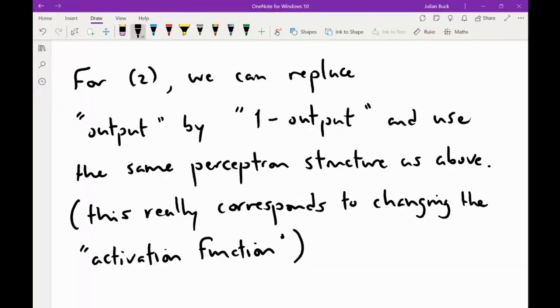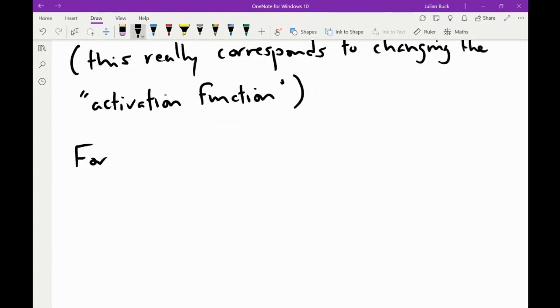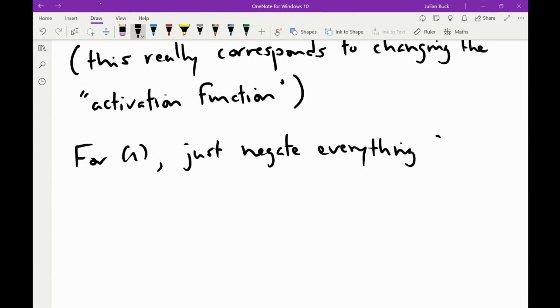But since so far we don't really have an idea of what we mean by activation function, what we'll do instead is we'll see that we can change it using the weights. Okay. So for 1, just flip all of it, just negate everything from before. So the 2 weights are going to be -2.